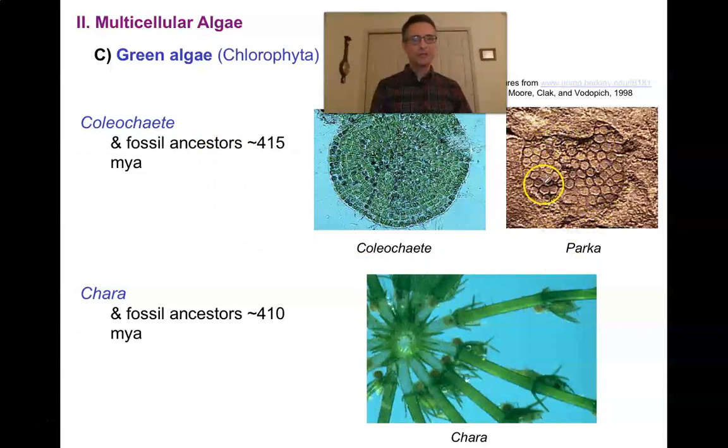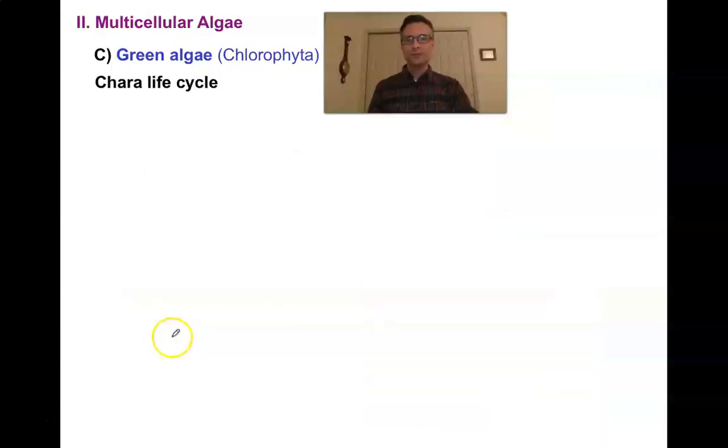So here is Parka, a fossil genus of a green alga that looks very much like modern Coleochaetes. And then here is Chara, and we have Chara fossil ancestors that are over 410 million years old. And here's what our modern Chara looks like. Notice that our modern Chara is clearly a very multicellular organism with very differentiated structures, stem-like structures, leaf-like structures, and very particular reproductive structures, as we're about to see in a moment.